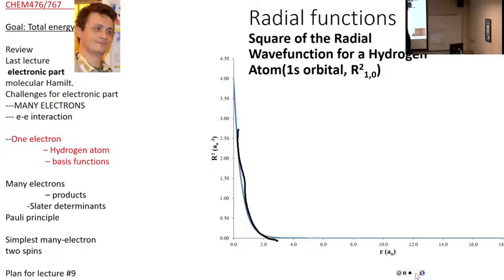It shows how the radial part of the wave function depends on position. For the lowest state, the 1s orbital, it has a maximum right at the atom, and then as we depart from the center of the ion, the wave function decays, right?